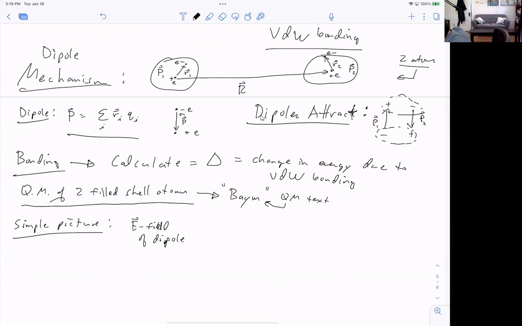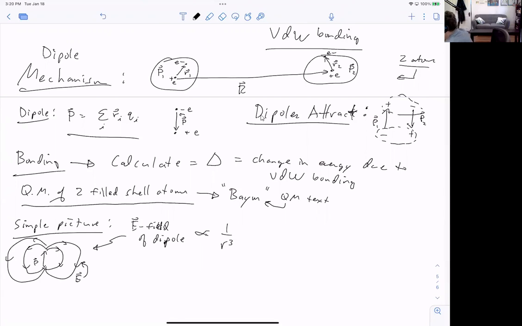You all know this because you learned it in some class once upon a time: it falls off as 1 over r cubed. Here's the P, the dipole moment, and it has an electric field that looks like this. You've all seen it. This is the electric field of an electric dipole, and this E field falls off as 1 over r cubed.